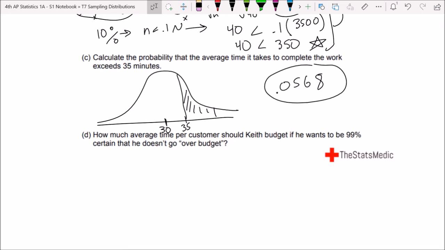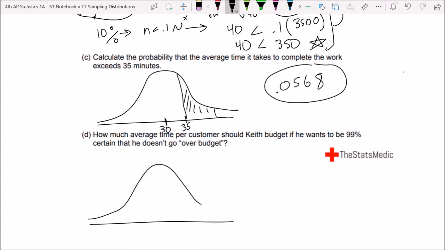How much average time per customer should Keith budget if he wants to be 99% certain that he doesn't go over budget? For this question, let's remember what we know. We know that the sampling distribution is approximately normal with a mean at 30. And remember that 30, that's a number of minutes.